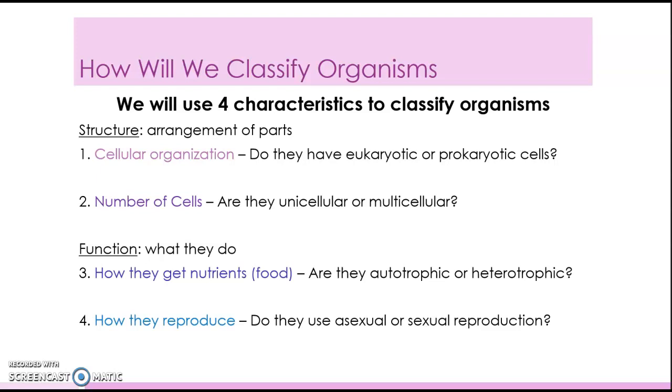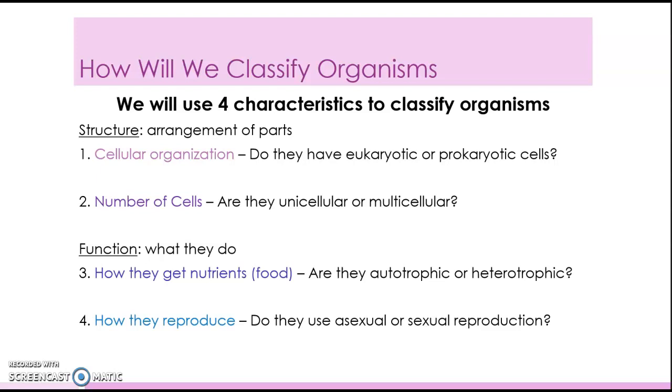Are they unicellular or multicellular? Unicellular means that the organism is one cell. Uni means one. Multicellular, multi means several. So a multicellular organism is going to have several cells. You are a multicellular organism.